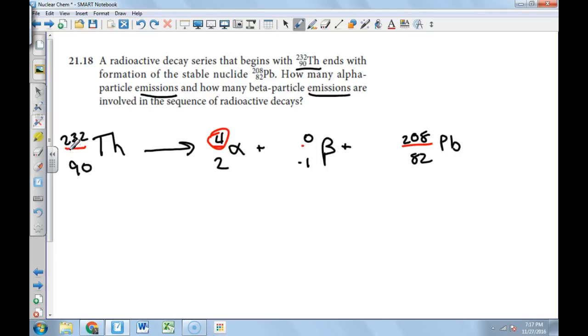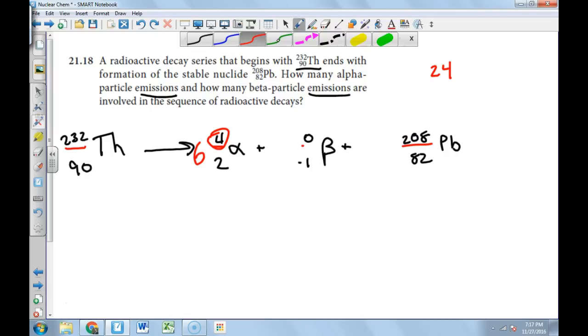So what we're going to do is look at the difference between lead 208 and thorium 232, and we will find out that that difference is 24. If that difference is 24, how many of these do we need? Right, 6. 6 times 4 is 24, and so that gives us the right mass.